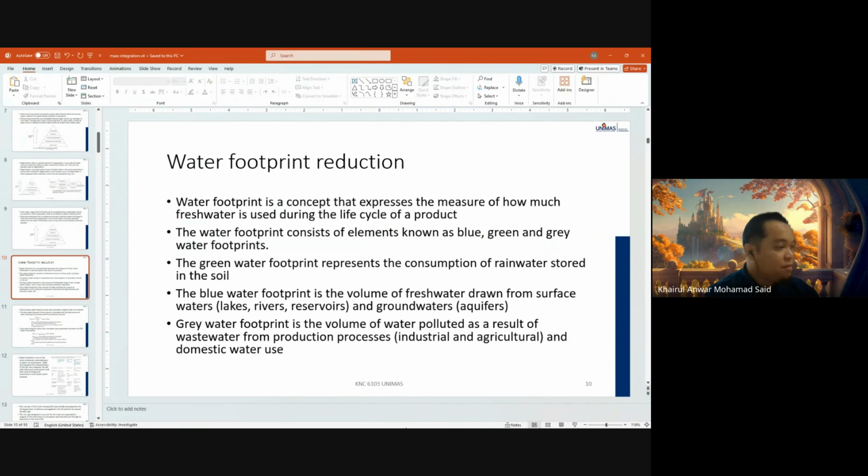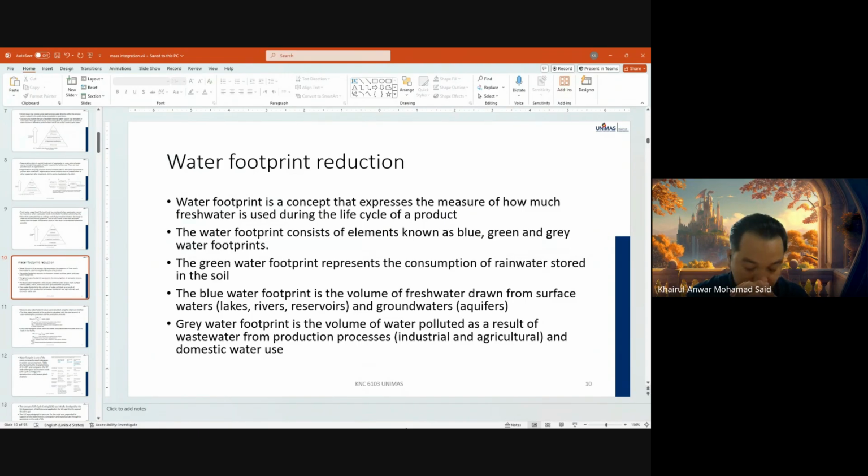So how do we measure it? When we look at water consumption in an industrial facility, we cannot just look at the water meter at the front gate to truly understand environmental impact.